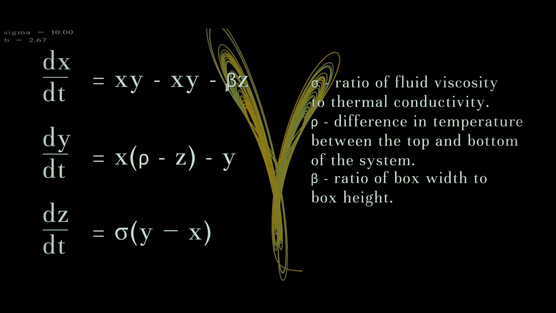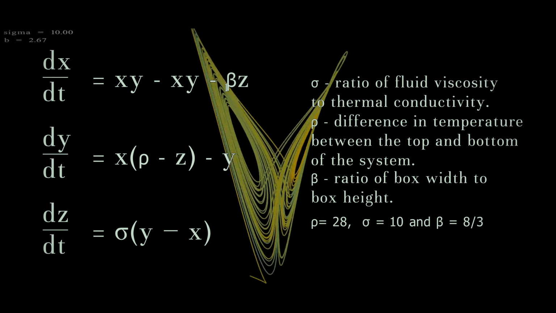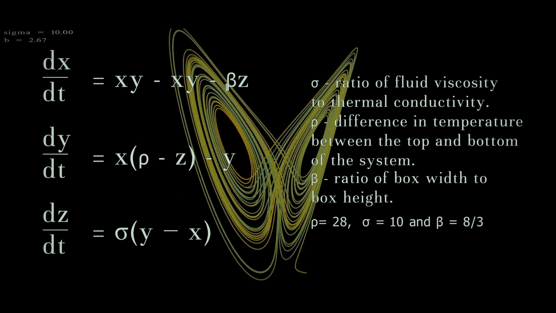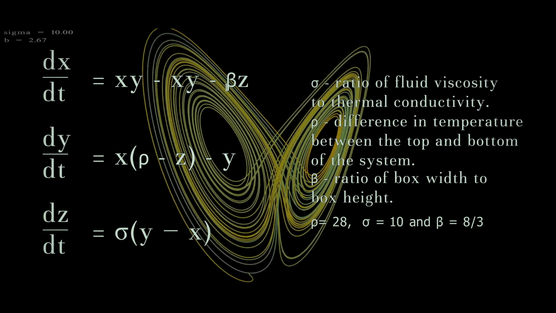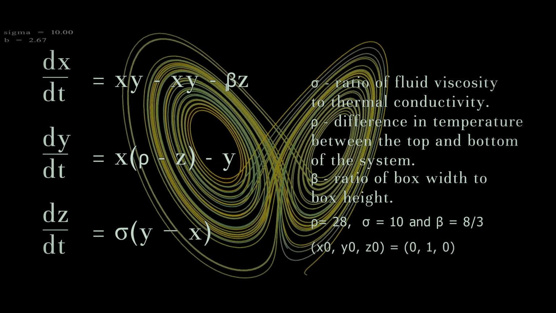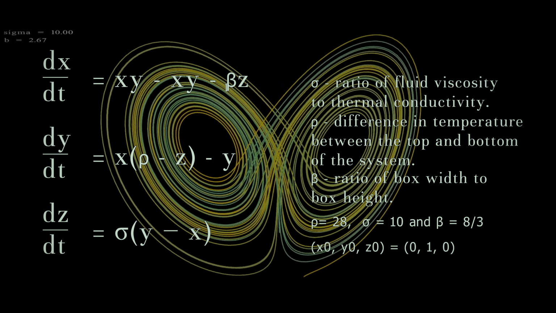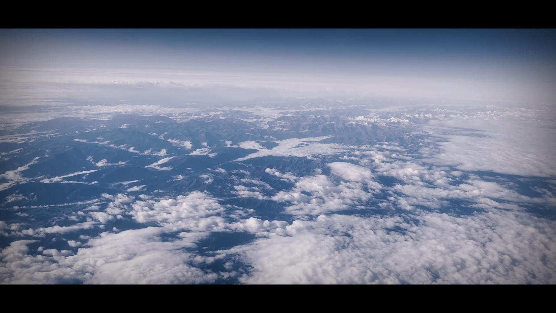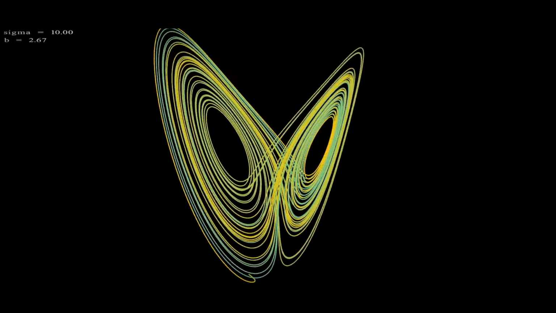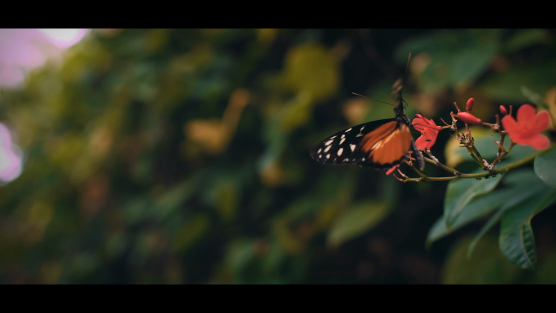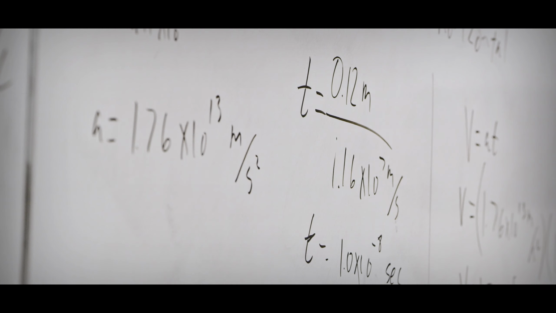Lorenz found the values rho equals 28, sigma equals 10, and beta equals 8/3, and initial conditions of x equals 0, y equals 1, and z equals 0 to be the best representation of the Earth's atmosphere. Now you can see that the graph resembles an actual butterfly.